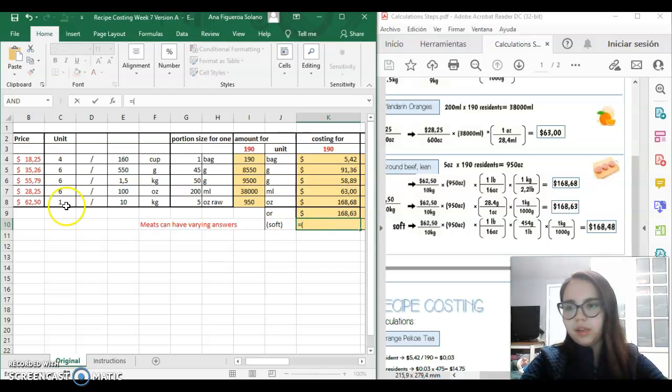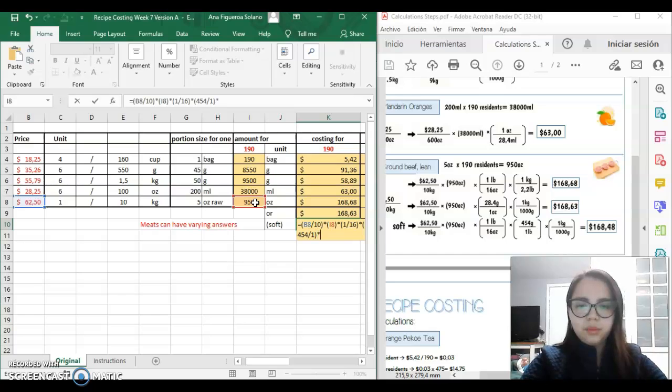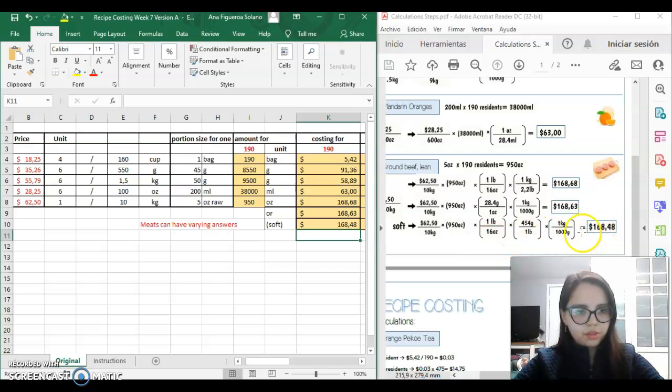So equal, open bracket, the same, divided in 10, multiplied by open bracket, total amount, multiplied, open bracket, 1 pound, it's 16 ounces, close bracket, multiplied, open bracket, 454 grams is 1 pound, close bracket, multiplied, open bracket, 1 kilogram is 1,000 grams. Close bracket, enter. And it's going to give us a result of 168.48.